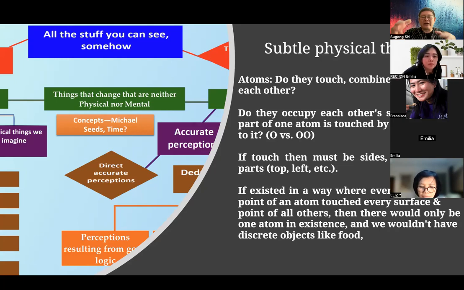Geshe Michael used this in order to help us visualize. He said, okay, let's make an atom. Let's blow the atom up to be as big as an elephant and then try to visualize when they touch together.